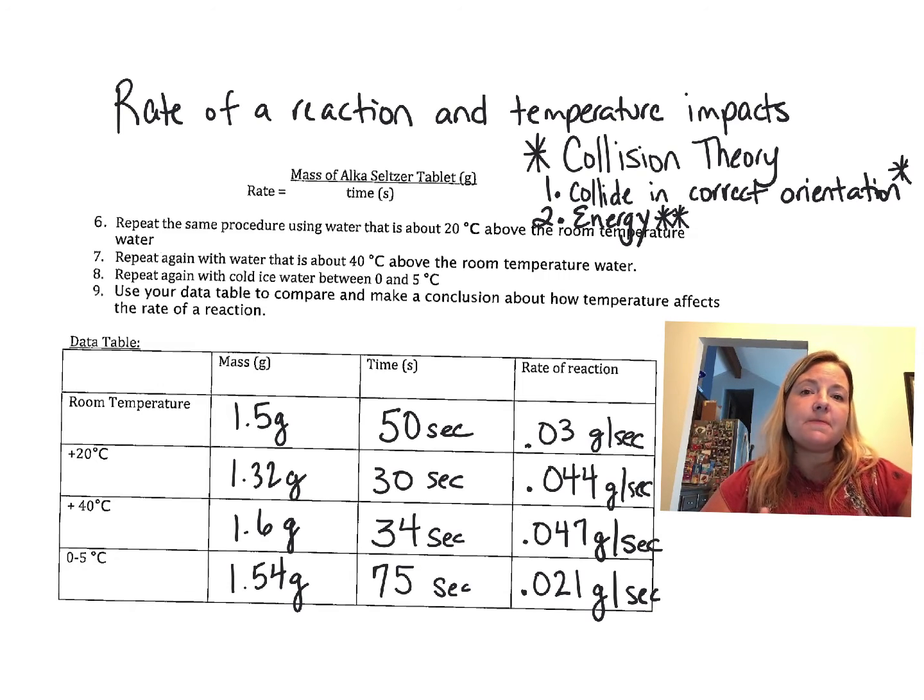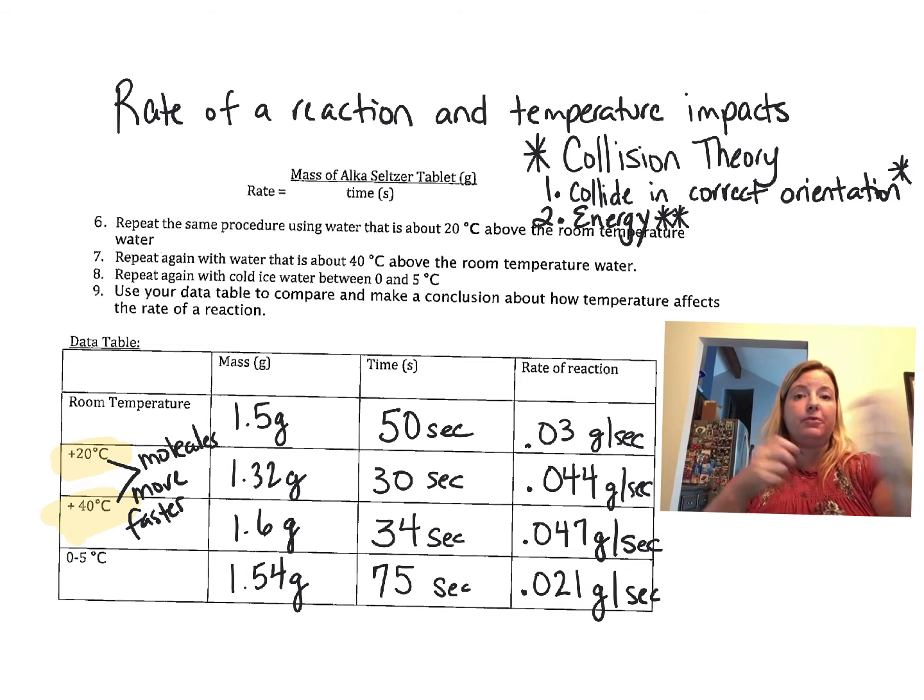When we speed up the temperature, we can think about what happens to the molecules. They're going to be moving faster, and if those molecules are moving faster, they've got a greater chance of colliding with each other in the correct location, in the correct orientation, and with enough energy so that the bond forms.